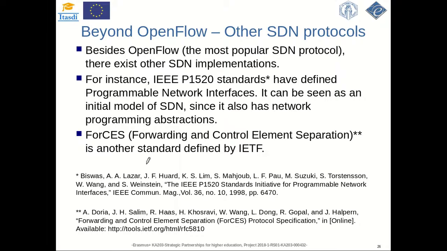More detail can be found about this protocol in this paper. And also we have the forwarding and control element separation protocol, a standard defined by the IETF, given in this paper.